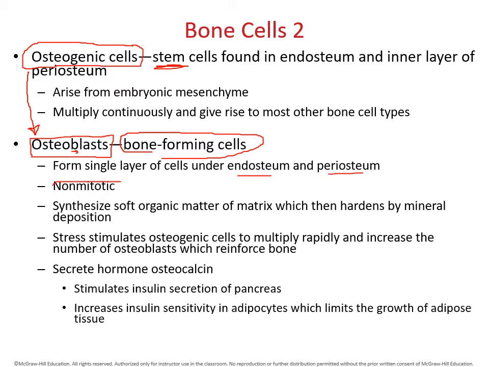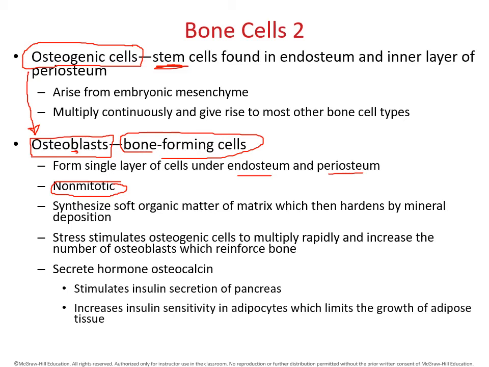They are non-mitotic, meaning that they cannot reproduce by themselves, and that is why they rely on the stem cells, the osteogenic cells, to form new osteoblast cells in a consistent pattern. As the osteoblast cells start building, initially they're going to build a matrix, a background that's relatively soft, and then over time we're going to do calcification where it starts to harden, mostly due to the addition of calcium minerals.